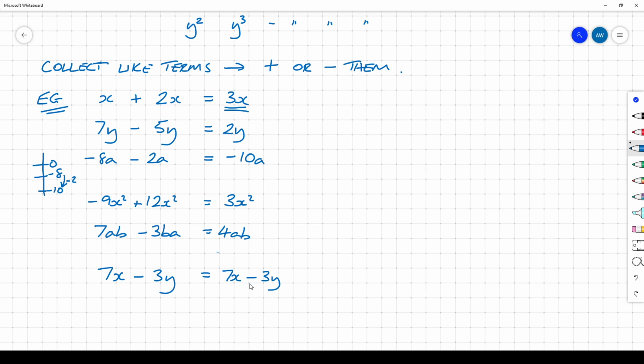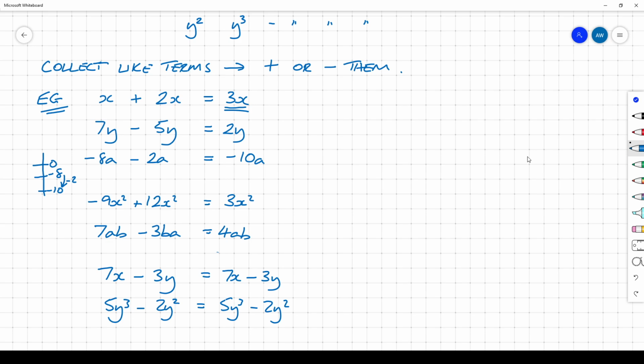Can't collect them together. And another example, if we had 5y cubed minus 2y squared, that would be 5y cubed minus 2y squared. Can't do anything with that because y cubed is different to y squared.